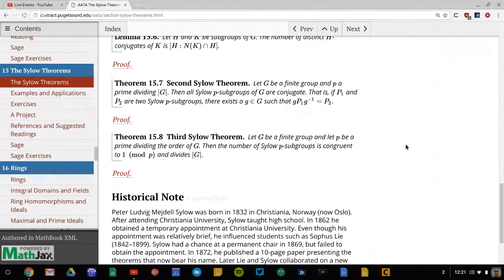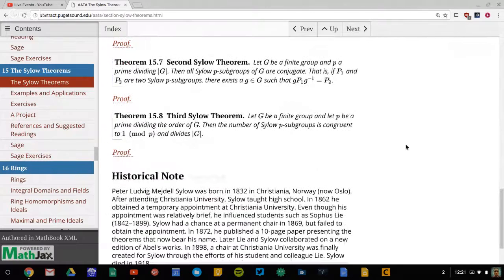Remember, conjugation of any subgroup is again a subgroup of the same size, so this will again be a Sylow P subgroup. When you take any Sylow P subgroup and conjugate it by an element, you will get another Sylow P subgroup, but this is saying that any two Sylow P subgroups will be related through this. Okay, so that's describing how they relate to one another.